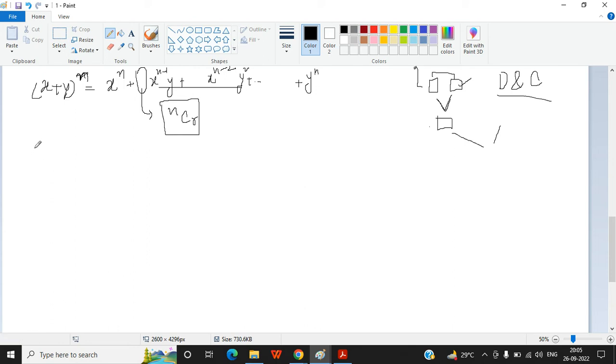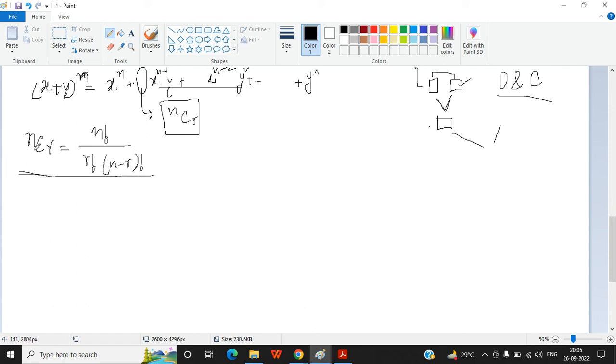We have to find NCR. Do you remember the term NCR? What is it? It is factorial n divided by factorial r times factorial n minus r. So this is the way we compute the NCR.